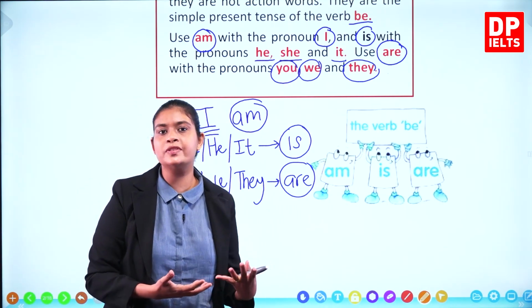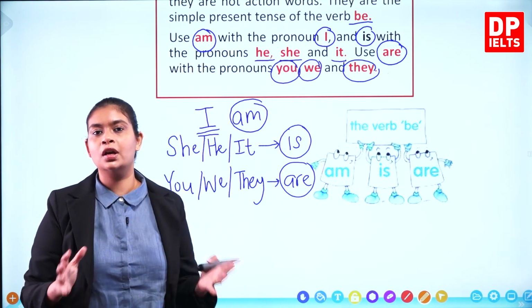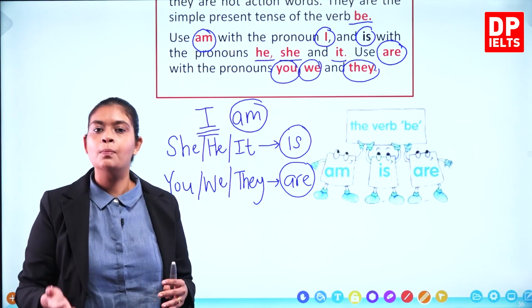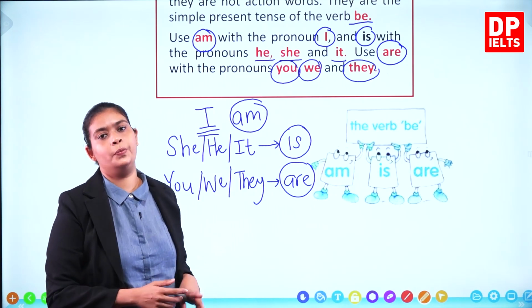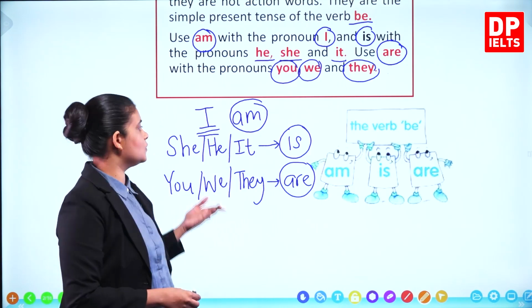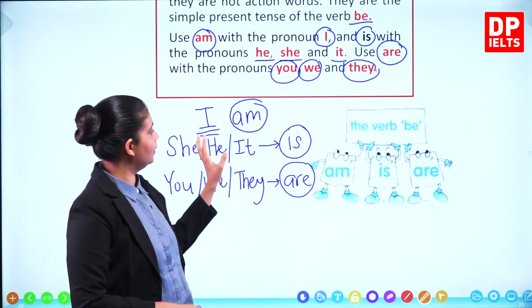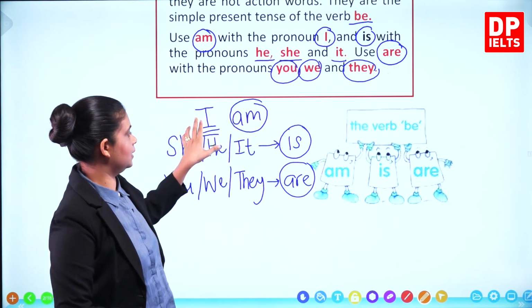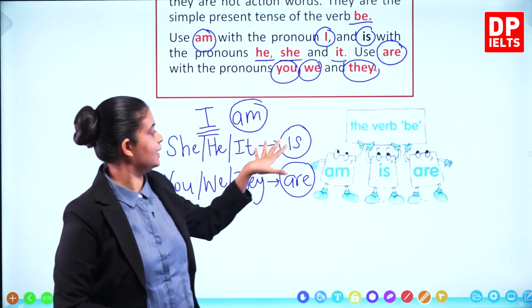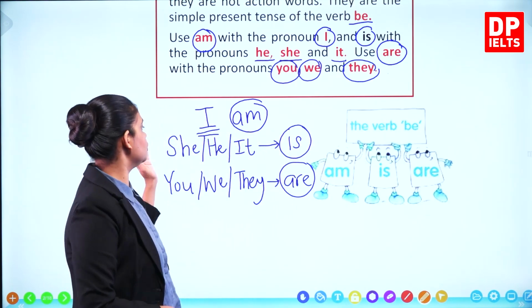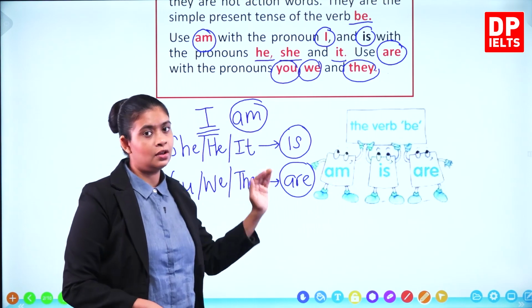So you can use it when you talk about or when you use plural nouns or pronouns. Right? So let us have a look at that again. Am, you use it with I. Is, you use it with she, he, it.